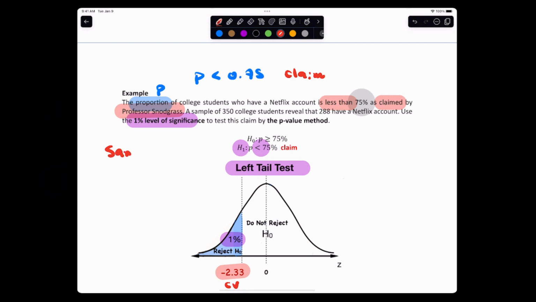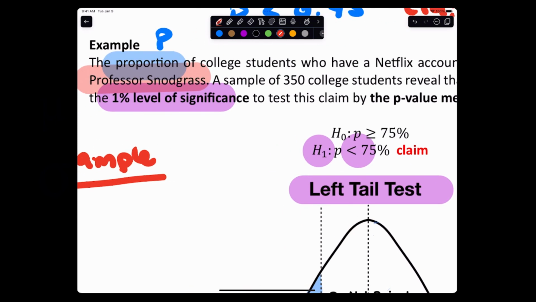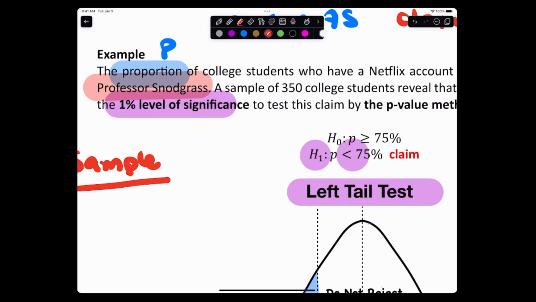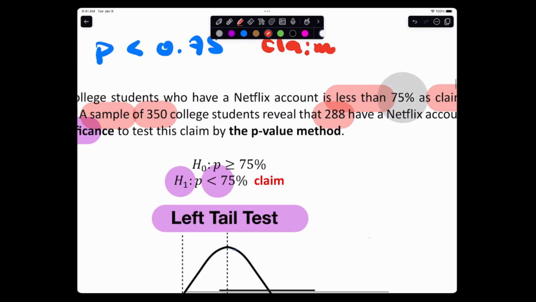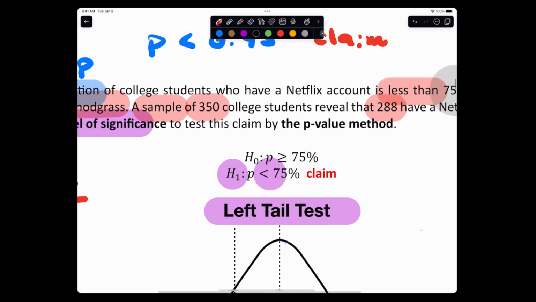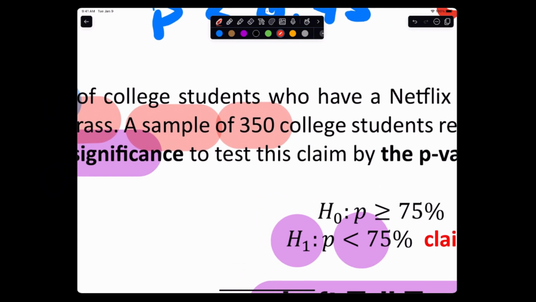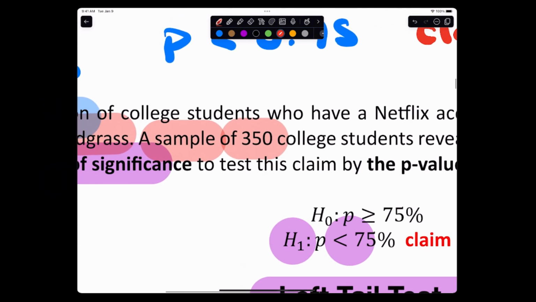So make sure you gather your sample information. And what does it say about your sample, right? A sample of 350 college students reveal 288 have a Netflix account. That's from a sample. So what does this actually mean if I say to you guys that there's a sample of 350 college students?